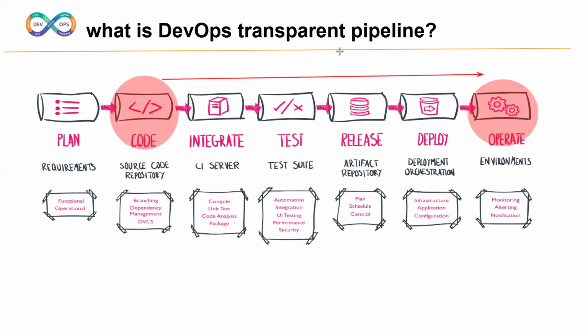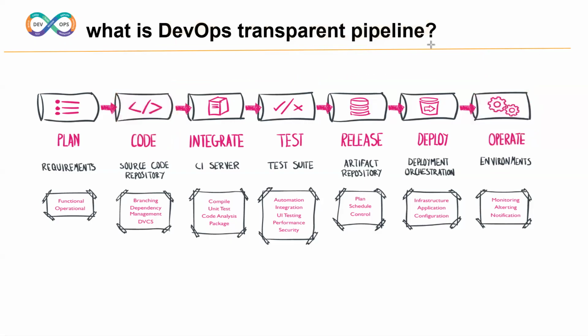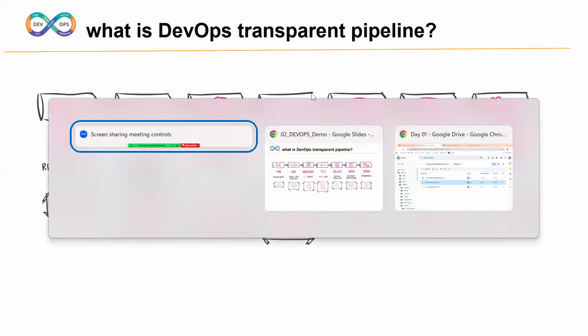That is what we call the DevOps transparent pipeline. So can we directly implement this DevOps transparent pipeline? No, we are not able to implement it directly.